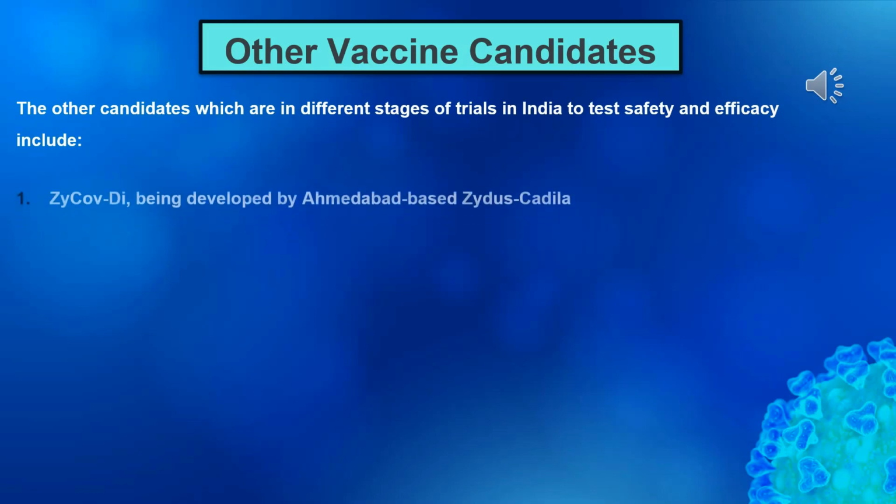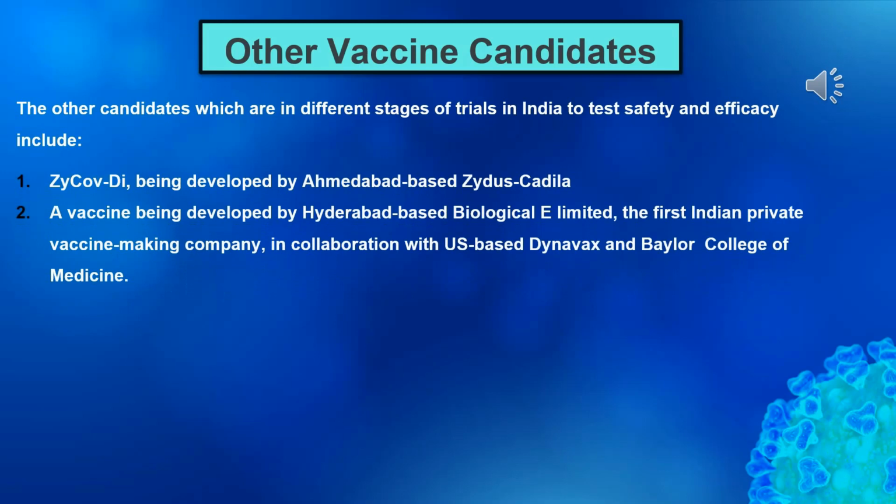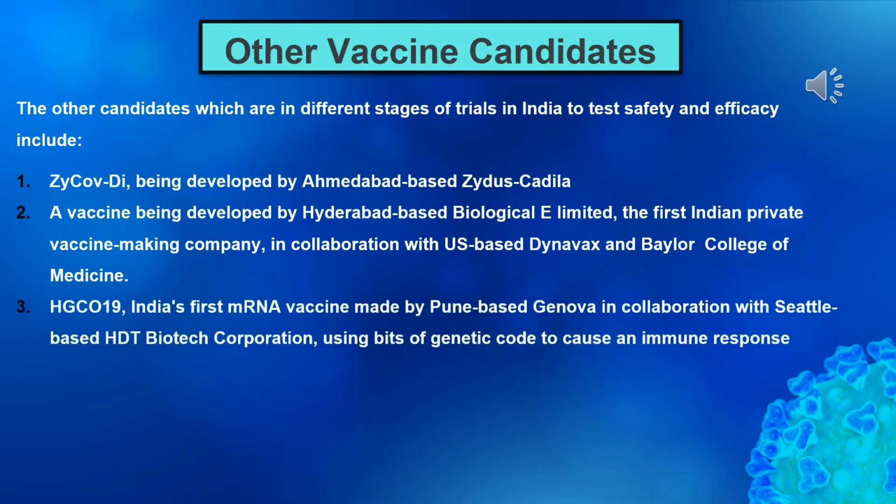Besides all these, the other vaccine candidates are: 1. ZyCoV-D, being developed by Ahmedabad-based Zydus Cadila. 2. A vaccine being developed by Hyderabad-based Biological E Limited, the first Indian private vaccine-making company, in collaboration with US-based Dynavax and Baylor College of Medicine. 3. HGCO19, India's first mRNA vaccine, made by Pune-based Gennova, in collaboration with Seattle-based HDT Biotech Corporation, using bits of genetic code to cause an immune response. 4.